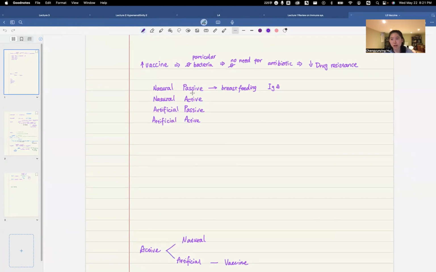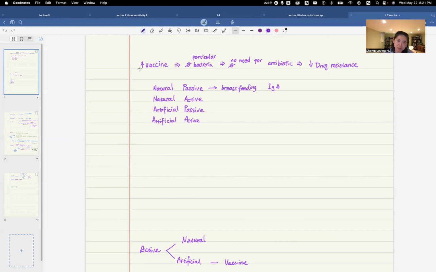We don't need to waste time to talk about how important antibiotics are, or remaining to finish the antibiotic, etc. So lecture 5 is about vaccine.